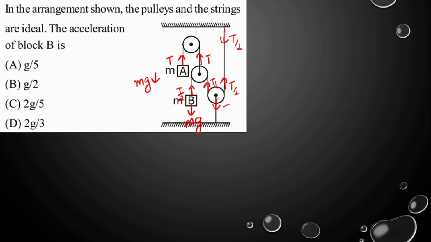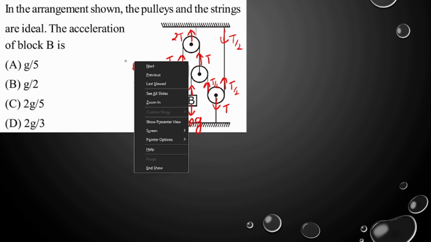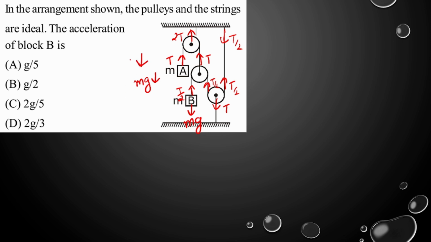Okay, and the acceleration of this one is in the downward direction. Let us consider downward direction A, which means if we apply the string constraint, plus A plus 0 plus 0, considering upward direction, plus a pulley.